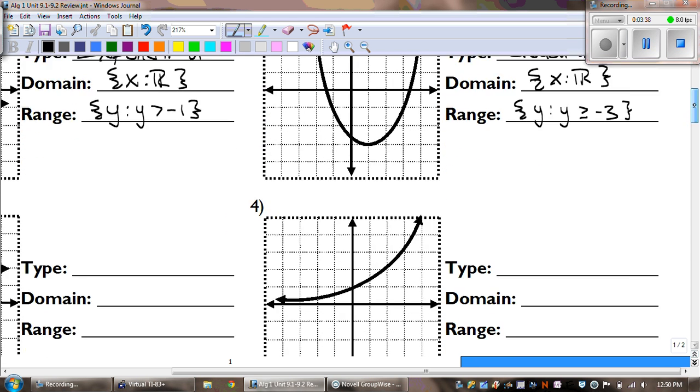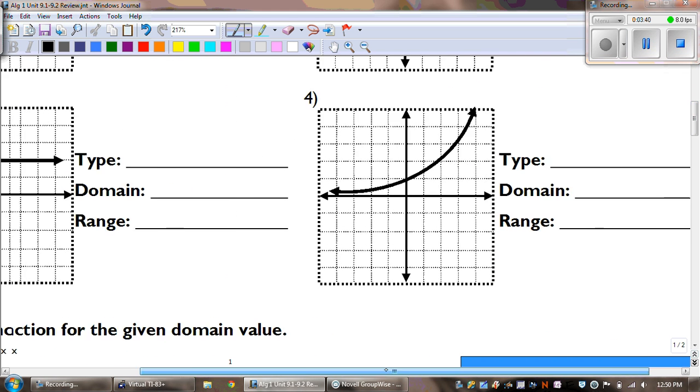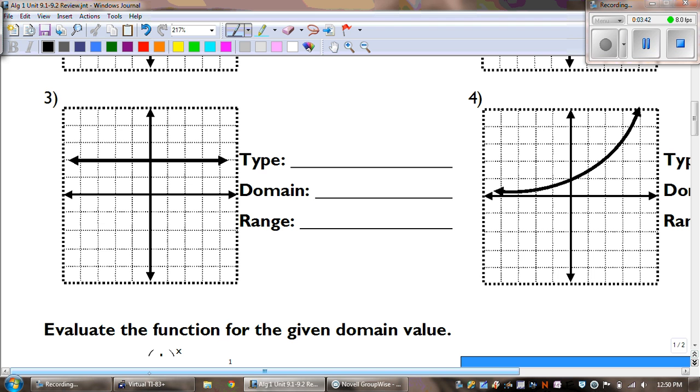All right, let's look at number 3. Okay, this is a straight line, which means that it is a linear graph. Okay, our domain, our x, is going to be all real numbers, because from left to right there is no specific start or stop.